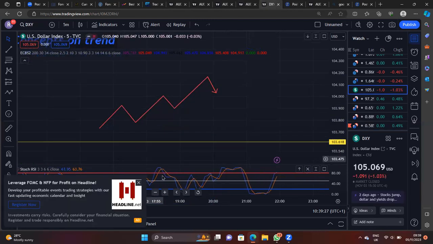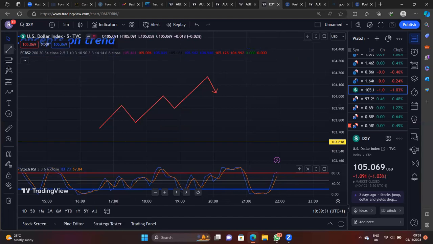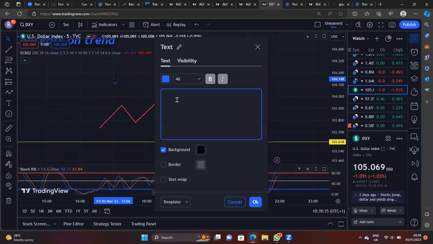Now, on an uptrend, on your note, you can put this down until you get very, very conversant with it. Rules for an uptrend. We're talking about one.